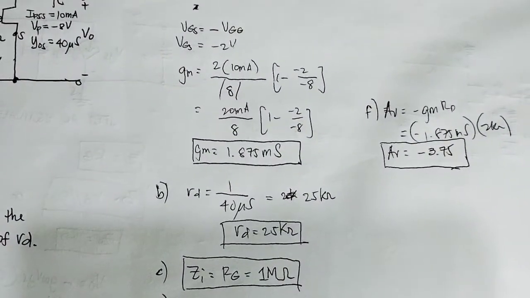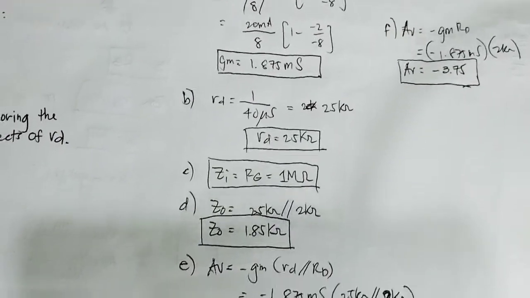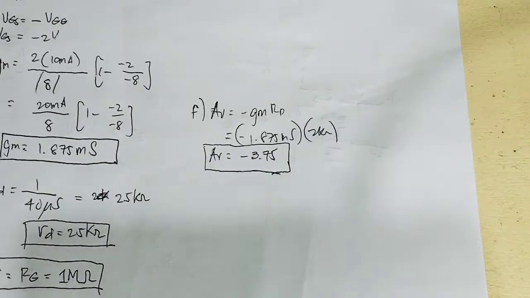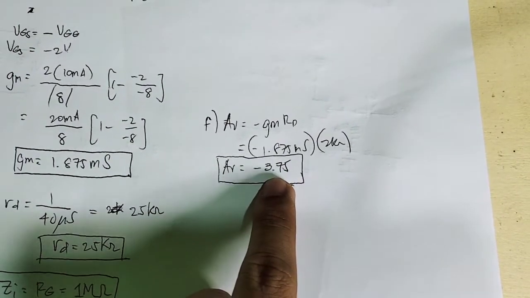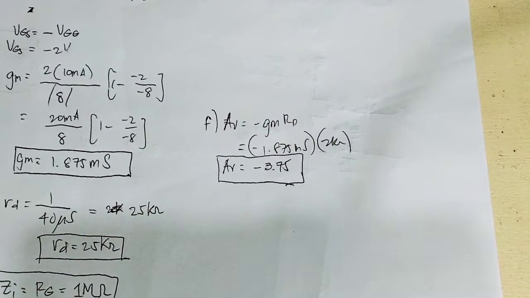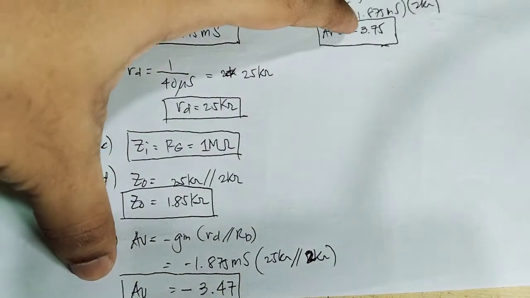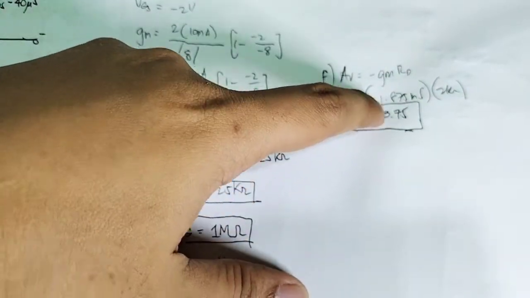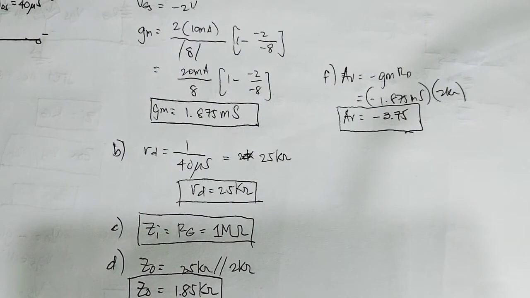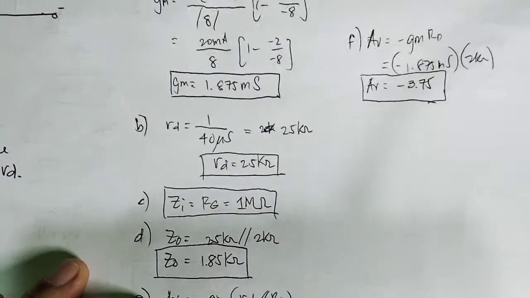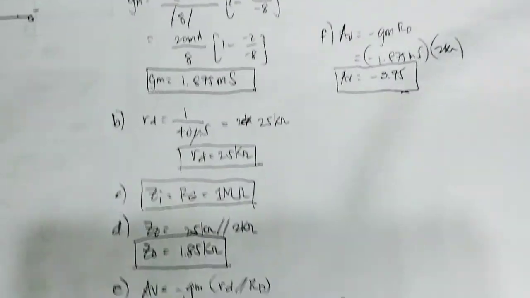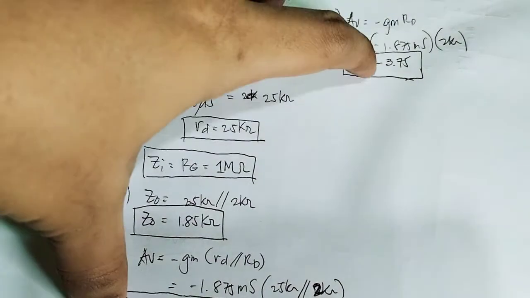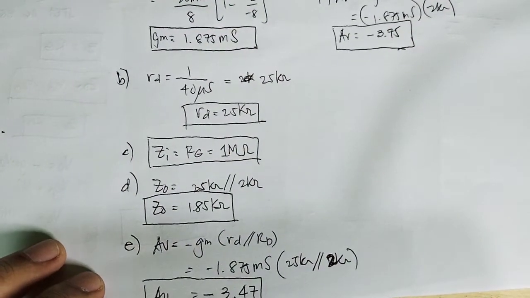As you can see, with the effects of r_d, we calculated the voltage gain equal to negative 3.47. But if we neglect internal resistance, it is negative 3.75. If you compare these two values, the first is more accurate because we've neglected the internal resistance of the JFET in the second. But as you can see, the voltage gain is different but not that significant, just a small difference in value. So that's it.